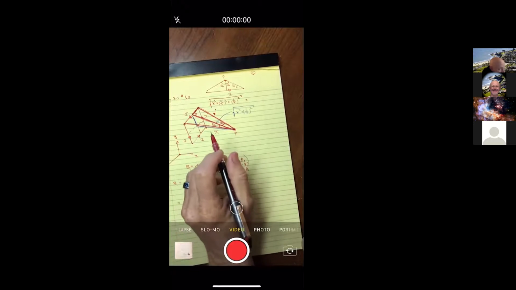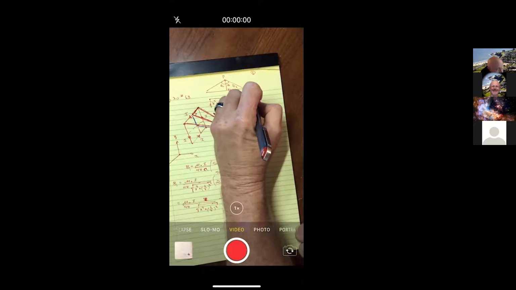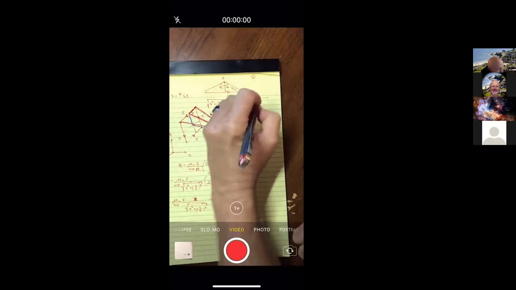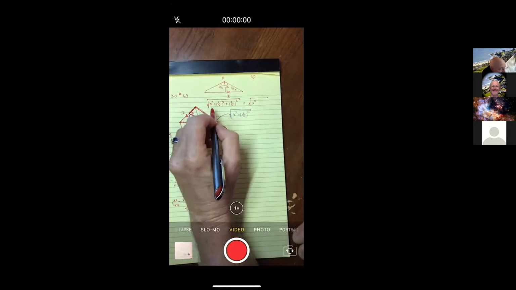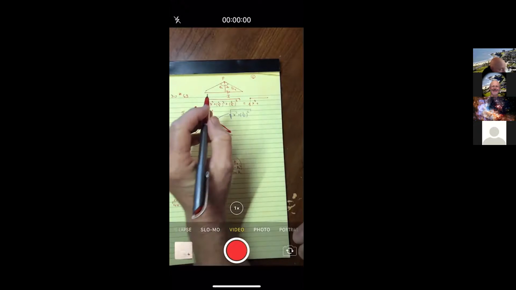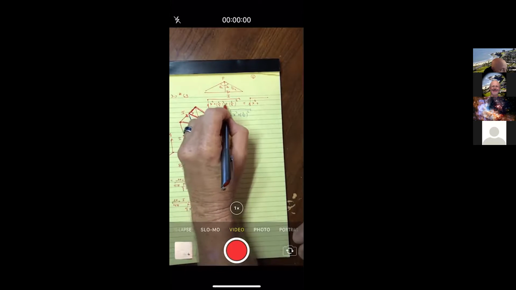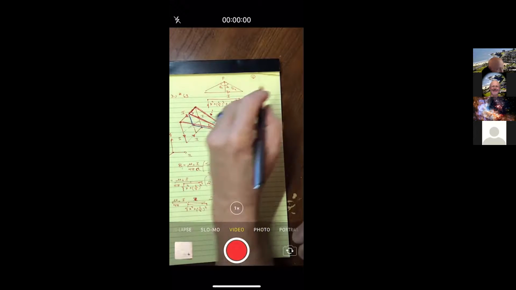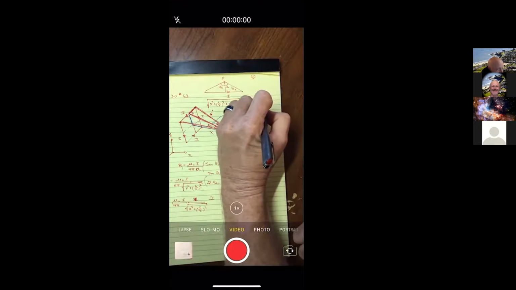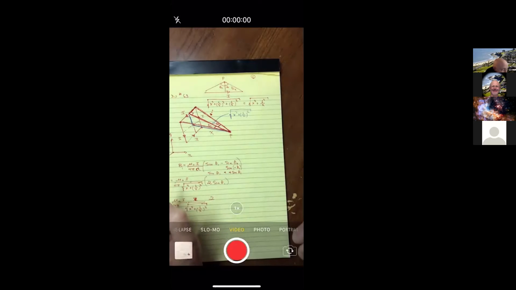Now this can be simplified, I think, to an x squared plus, and let's see, this would be L squared over 4 plus an L squared over 4, which would make an L squared over 2.